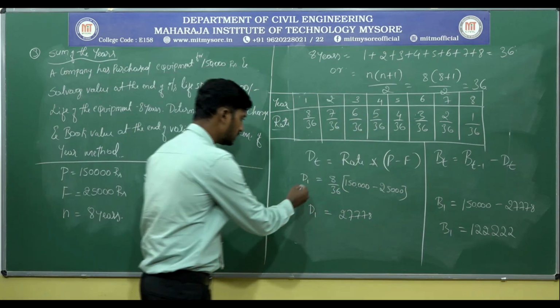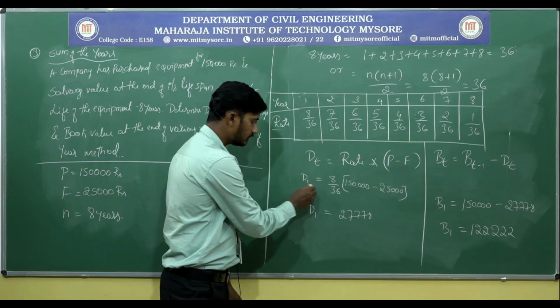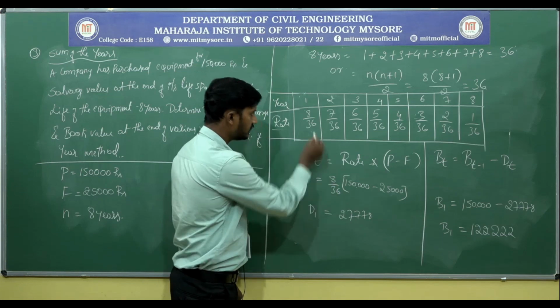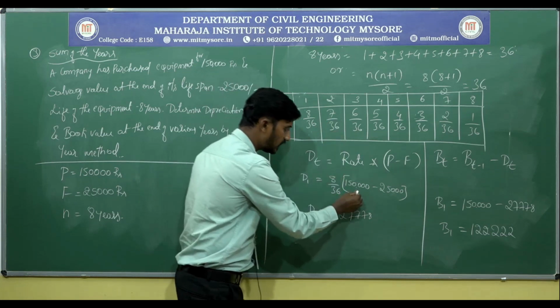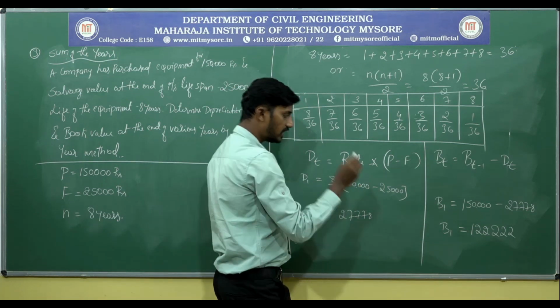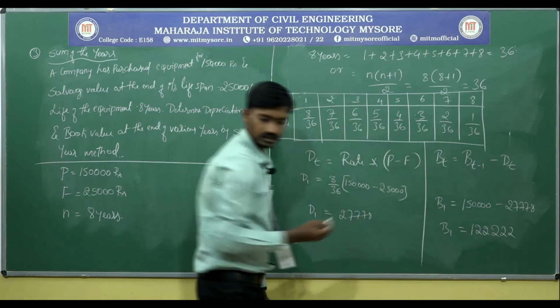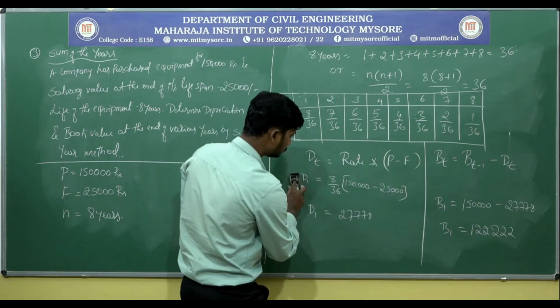Now if you want to calculate D2, that is the second year, instead of 8 by 36 it will become 7 by 36, multiplied by, instead of 1,50,000, let us solve that also.